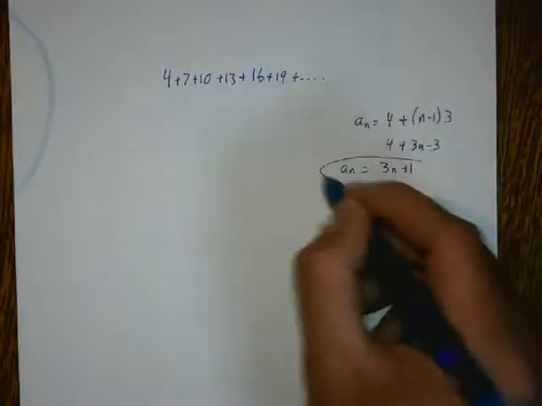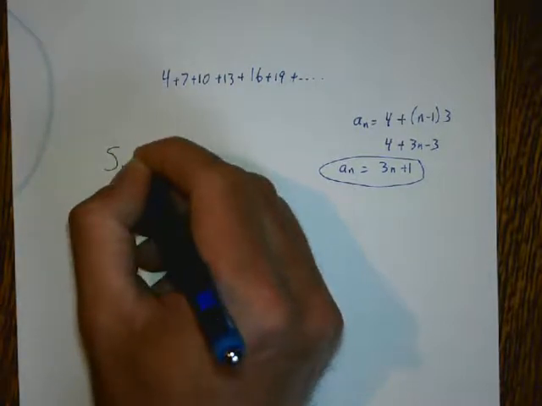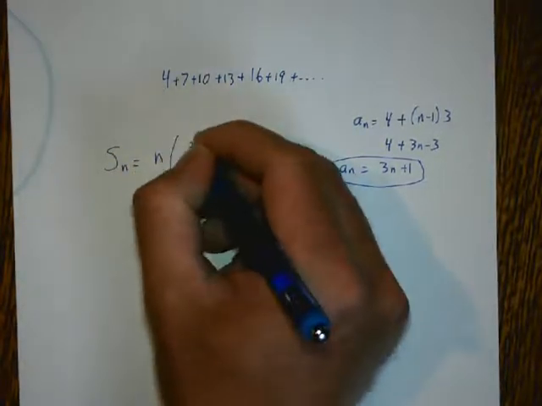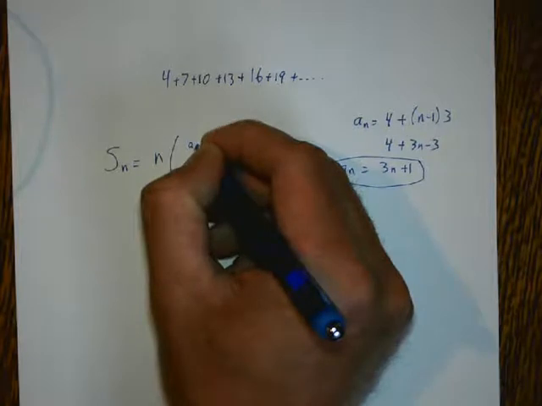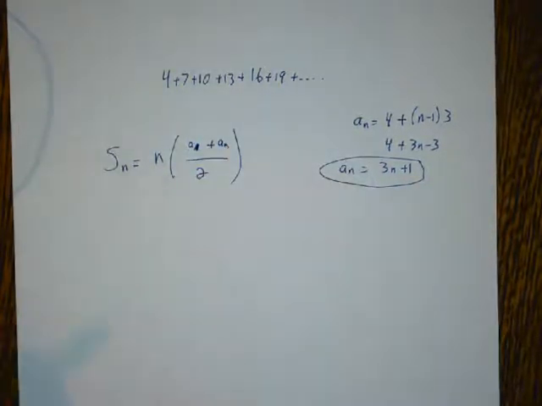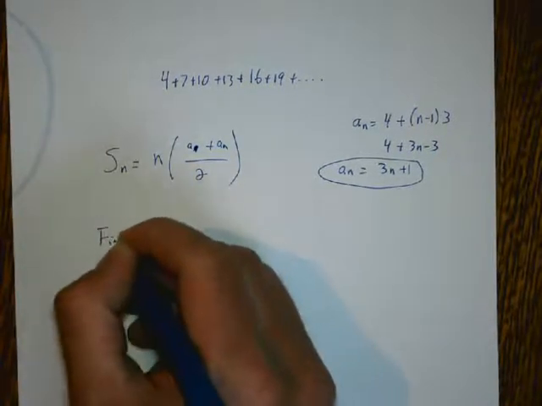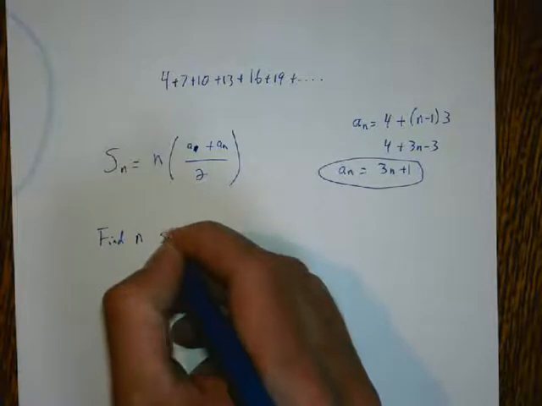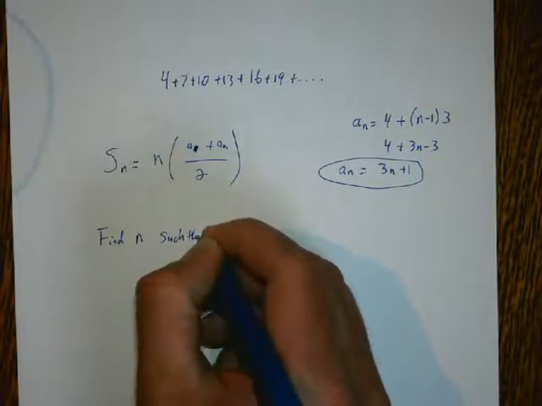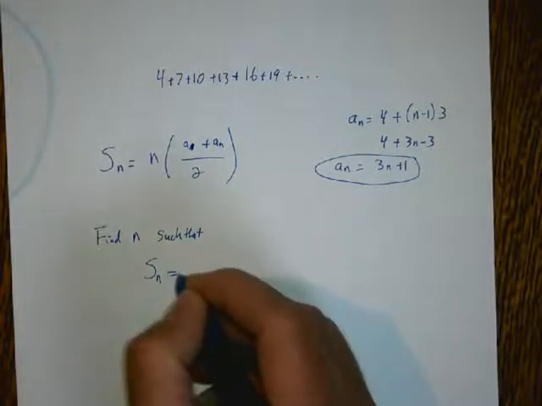Now we know that the sum of so many terms was n times the first term, that's a 1, plus a sub n, all over 2. So the second part of these questions usually will be this. Find the value of n such that the sum of that value of n equals 175.